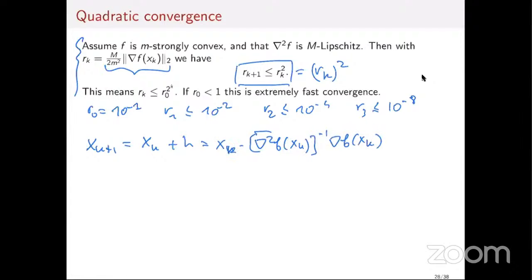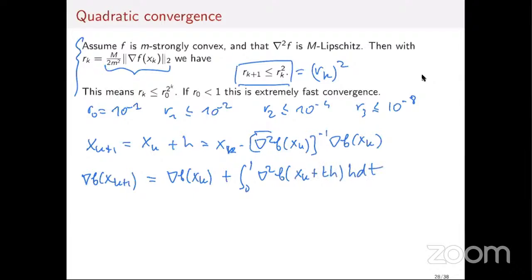Okay, and so now I want to look at the gradient of f at xk plus 1. I'm interested in bounding the norm of the gradient of f at xk plus 1 in terms of the norm of the gradient of f at xk. So I'm going to use something that I already used when analyzing the gradient method. I'm going to write this as the gradient of f at xk plus the integral from 0 to 1 of the Hessian of f at xk plus th times h dt.